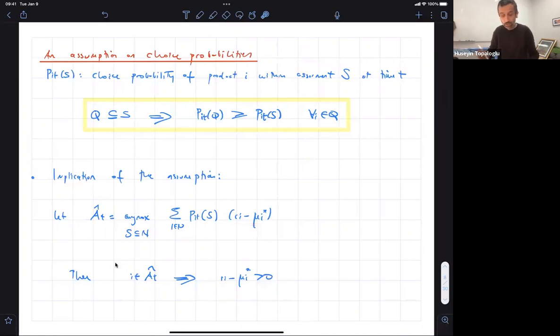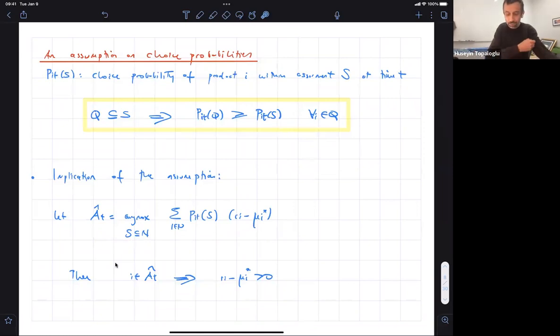So as a result, we can argue that if this assumption holds, in the optimal solution to this problem, I can always drop the products that are making negative net expected revenue contributions to get an even better solution. So as a byproduct of this assumption, an optimal solution to this kind of assortment optimization problem would never include any products whose net expected revenue contribution is negative. That is going to be the important implication of this assumption that we're going to use throughout the talk.